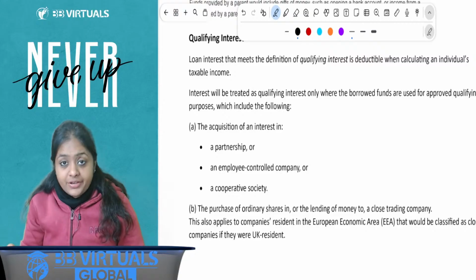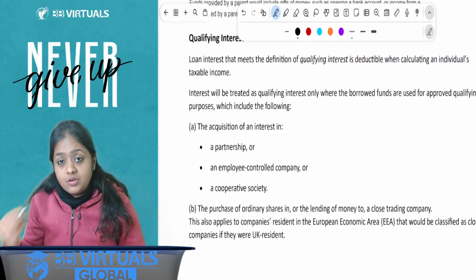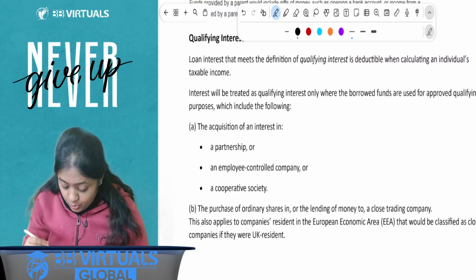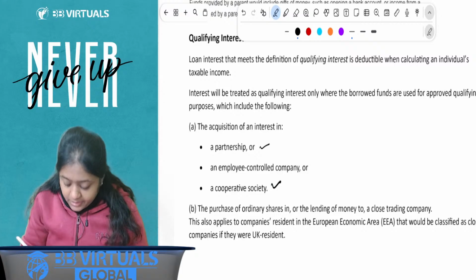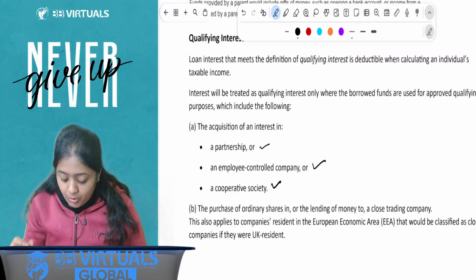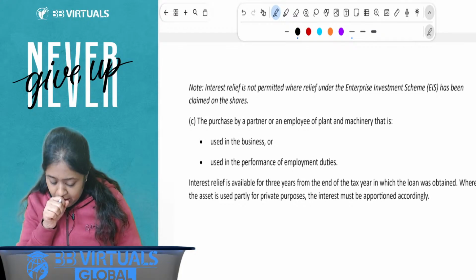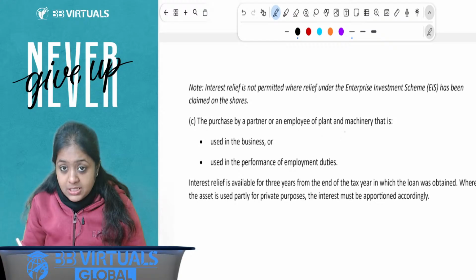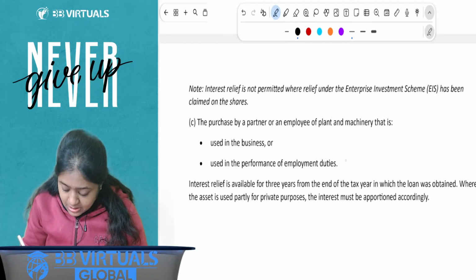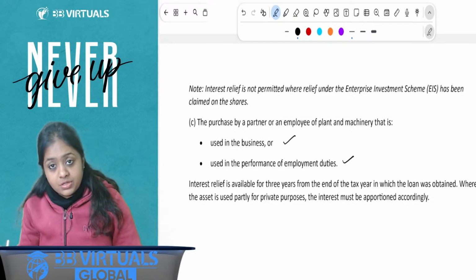The qualifying interest relief that we have discussed for the tax syllabus was when the qualifying loan is a loan taken to invest into a partnership, or to invest into a cooperative society, or to invest into an employer controlled company. Then we also discussed that a loan is taken by a partner to purchase plant and machinery in the business, or by an employee to be used in the performance of duties.